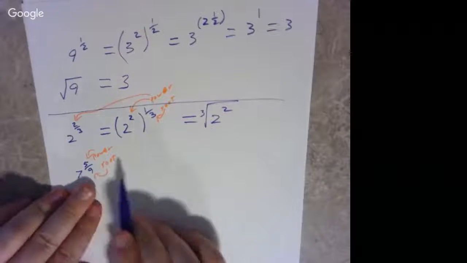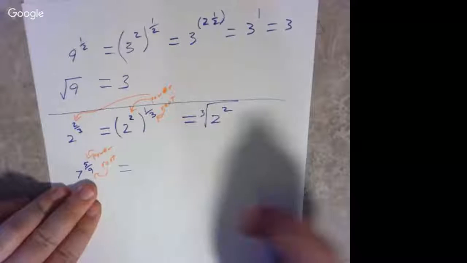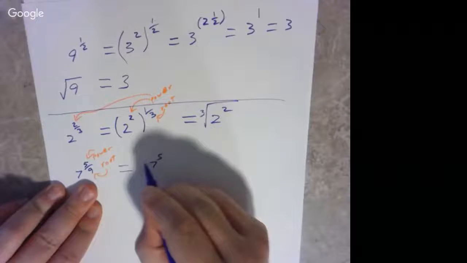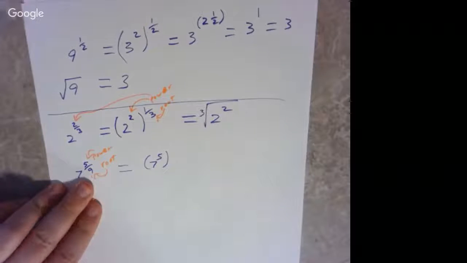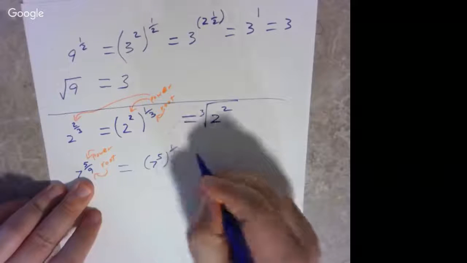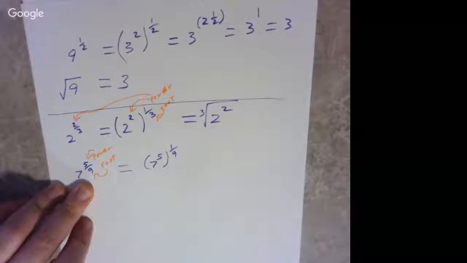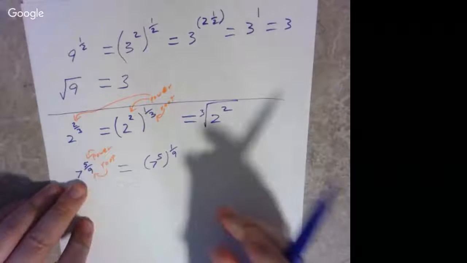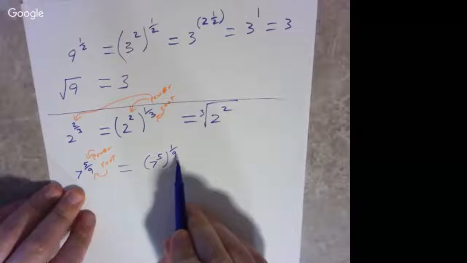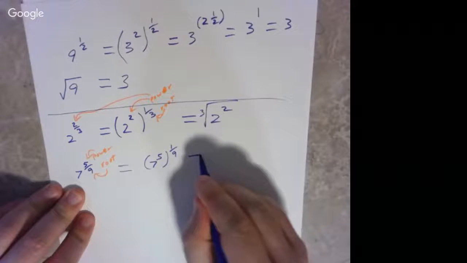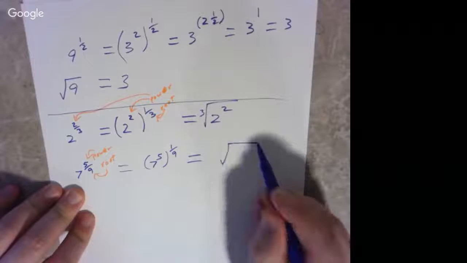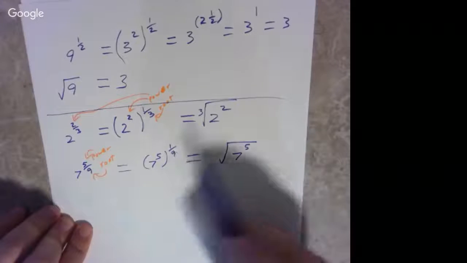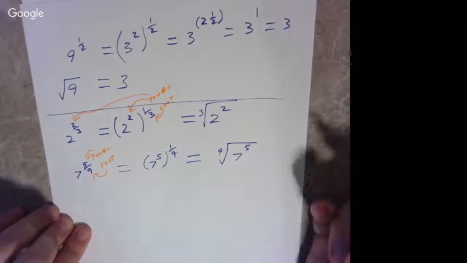Of course, we can separate these and put it as 7 to the 5th power with the 1/9 on the outside. So we're breaking this apart piece by piece. We apply the 5 directly to the 7 as a power, and then we get rid of the 1/9 power by putting it in its house. What kind of house is this? It's a ninth root house.